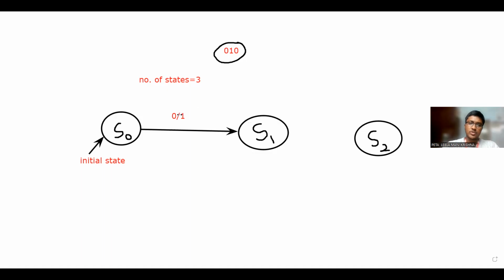So if the first bit is 0, it will move to the state S1. And next, if the second bit received is 1, so at the state S1, we have already detected the first bit, that is 0, and again the second bit given is 1.